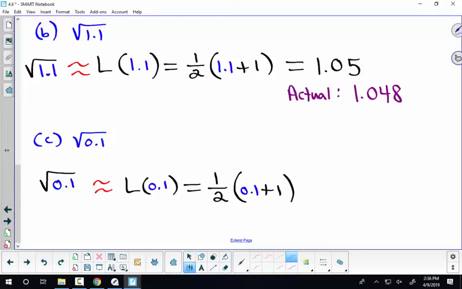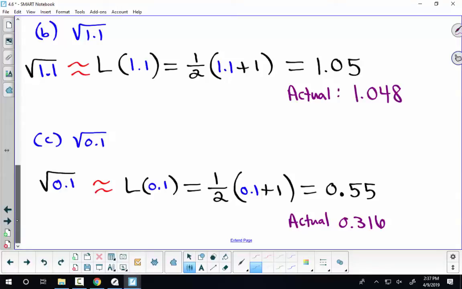So we have 1.1 divided by 2, 0.55. The actual value for that was 0.316. Is that a good approximation? No, I mean, it's not even correct to the 10th place. It's a pretty bad approximation.